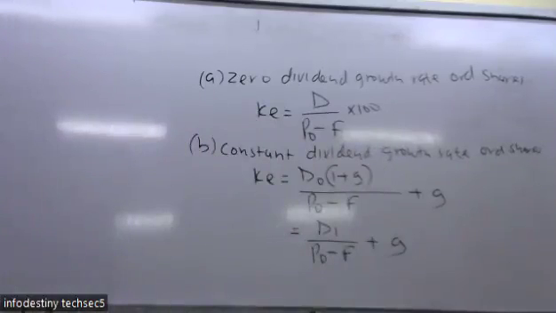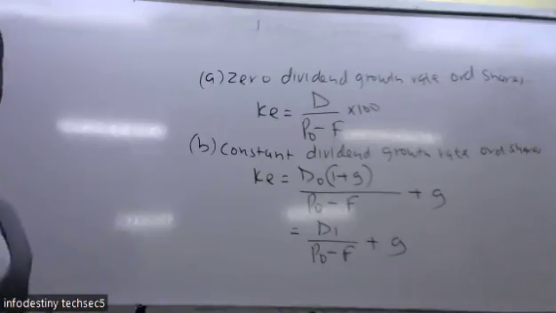So D0 is the last dividend that was paid. G is the constant growth rate. P0 is the current market price per share. F is the flotation cost.